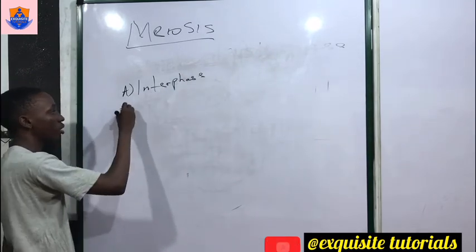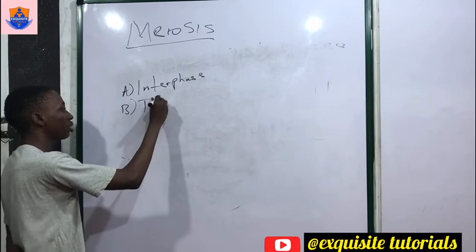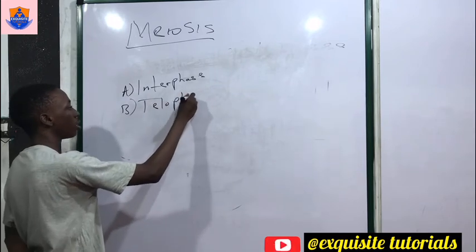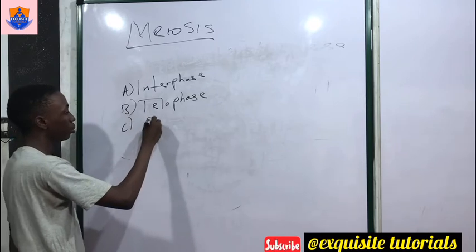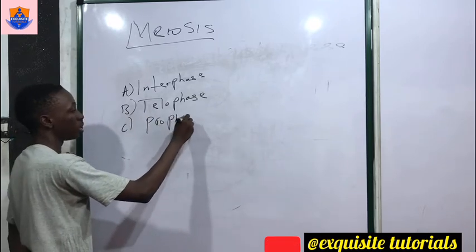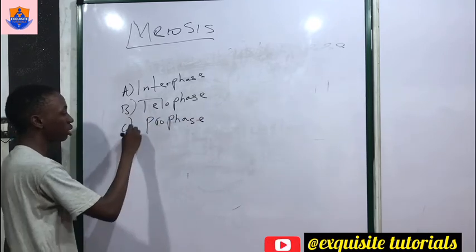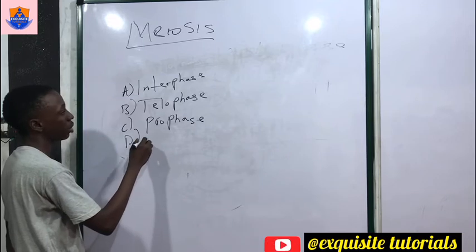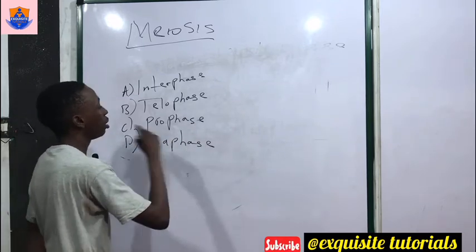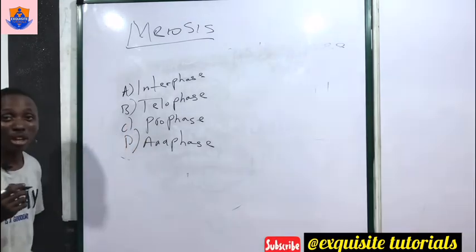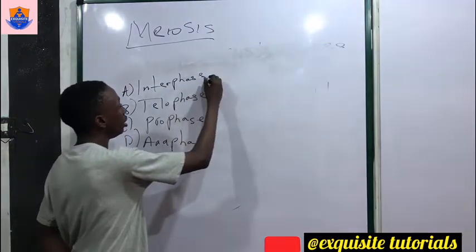Is it B, the telophase? Is it C, the prophase? Is it D, the anaphase? The longest stage of the cell cycle is the interphase.